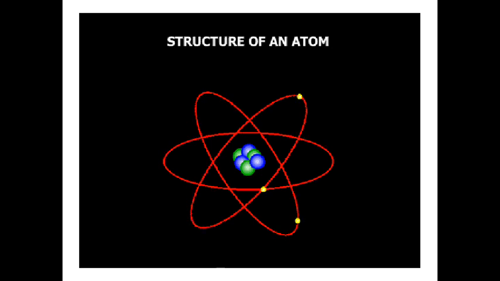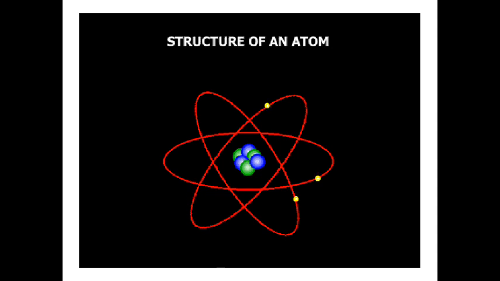Okay, in an atom there will be proton, neutron and electron. Proton and neutron will be inside the nucleus, that is the center of the atom. Electrons will be revolving around in orbits. In an atom, the number of protons and the number of electrons will be equal, and there is a force of attraction between the proton in the nucleus and the electron in the orbit.